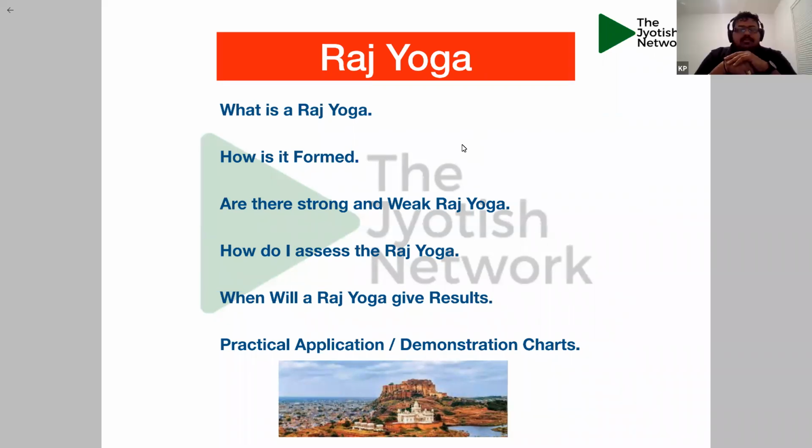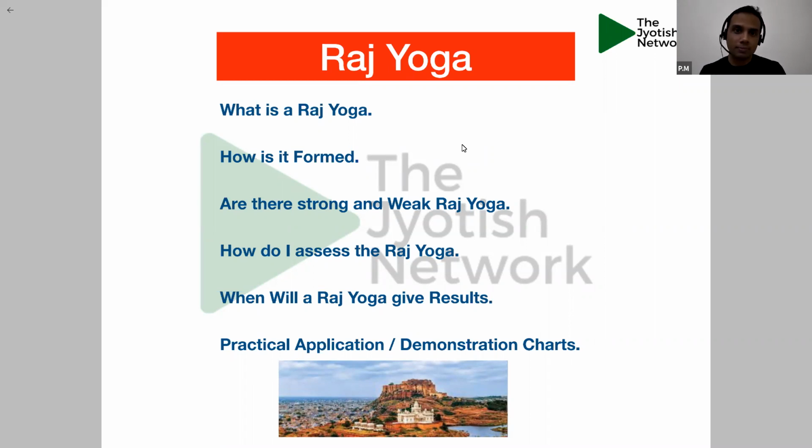So Saturn becomes a yoga karaka because it rules both an angle and a trine. And this goes back to your original definition of a Raj Yoga, Sandeep, that it's usually a combination of two planets, either a trine lord or an angle lord, coming together in a chart.